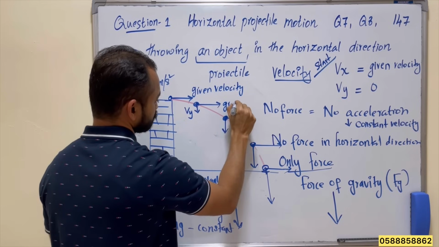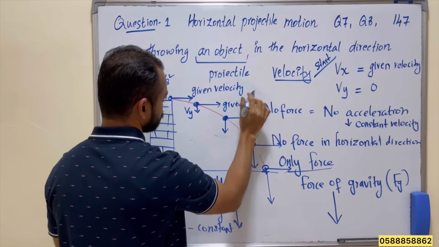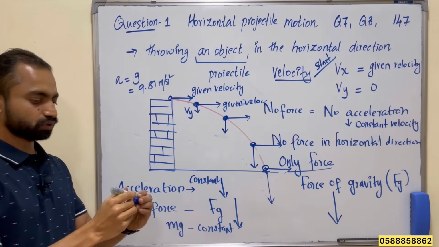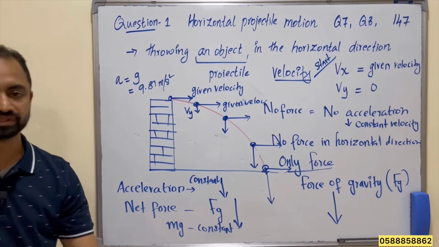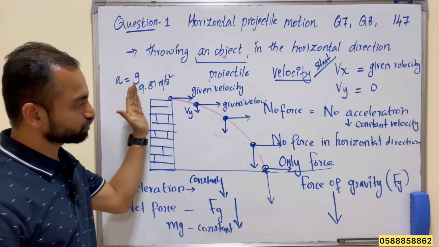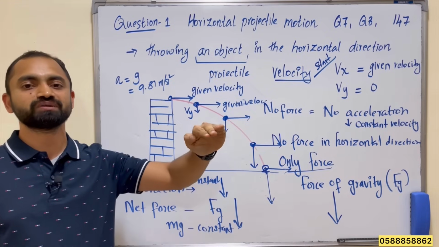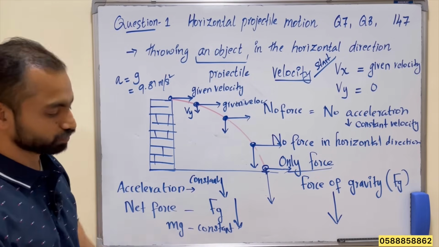For example, if I am throwing this marker at 5 meters per second, its velocity along the horizontal direction will be 5 meters per second. Vx is equal to 5 meters per second throughout the motion.